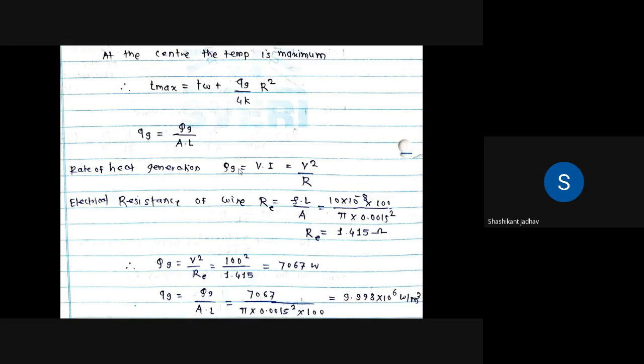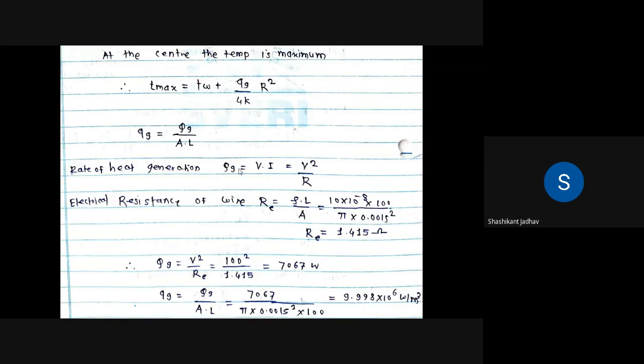Cross section area of that particular wire is pi R square. So pi into, the radius is 0.0015, pi into R square. So from that we get the value of resistance. Okay. So R is equal to 1.415 ohm. This is the value of resistance.